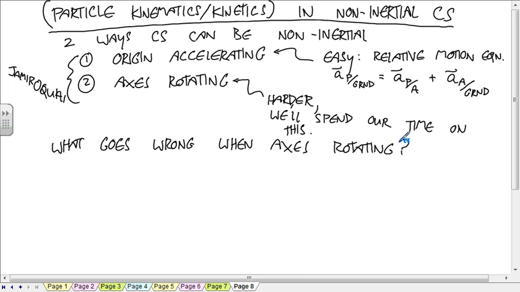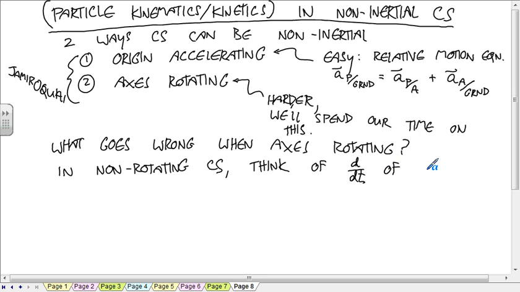Well, in a non-rotating coordinate system, think about taking the time derivative of a vector. It doesn't matter what vector it is, just some arbitrary vector u.